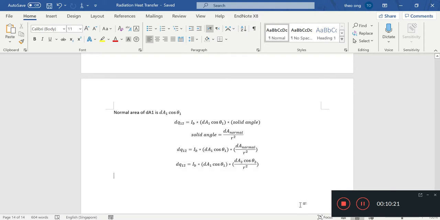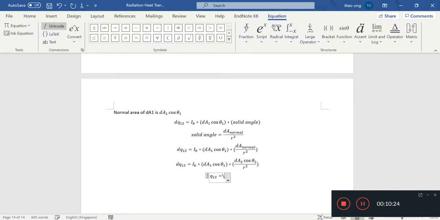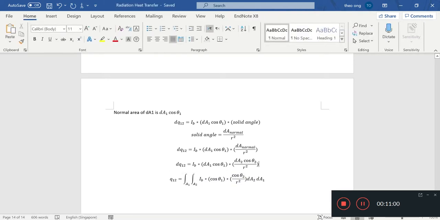So if you want the q from 1 to 2, you need to integrate over A1 and also integrate over A2 this whole expression. You're just integrating over A1 and A2. This is your generic expression for heat transfer from 1 to 2.